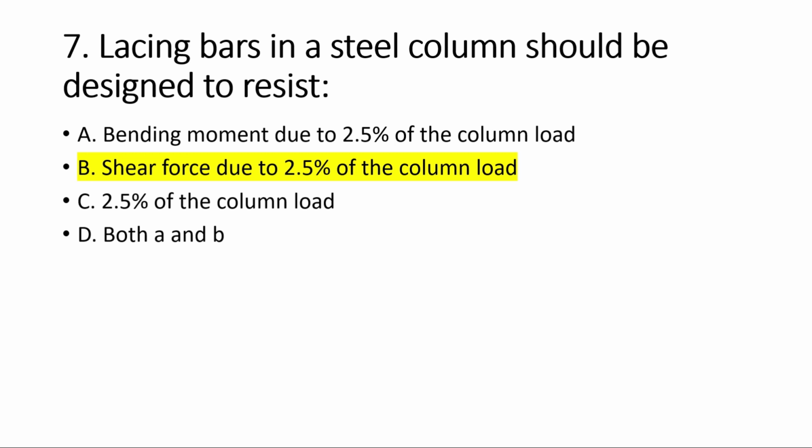Okay, and for double lacing system on two parallel planes, the force in each bar will be calculated as V upon 4 sin theta. So you have to keep in mind for single lacing bar, F is equal to V upon 2 sin theta, and for double lacing bar, F is equal to V upon 4 sin theta.